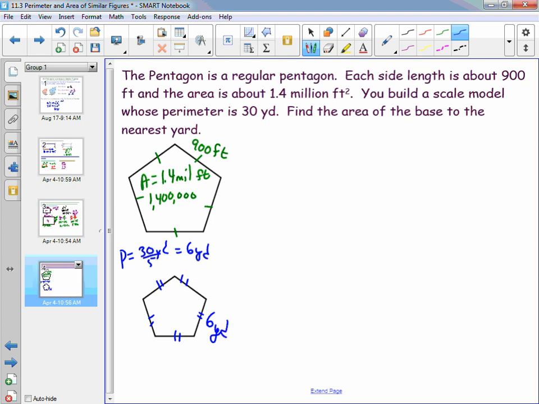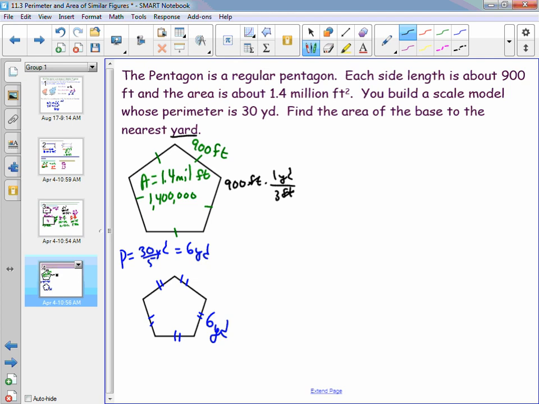Now we run into the issue of we have feet on one problem and yards on the other. Our answer says nearest yard. So right away I'm going to convert 900 feet to yards. So 900 feet times 1 yard equals 3 feet.